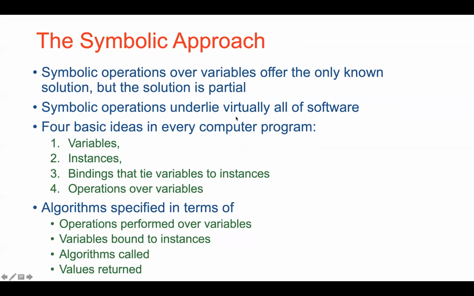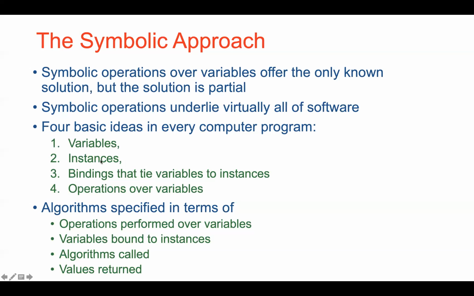The symbolic operations underlie virtually all of software. Well, not a big deal. All of programming is about the symbolic approach. There are four basic ideas in every computer program: variables, instances, bindings that tie variables to instances, and operations over variables. Variables, like bottle; instances, like a blue bottle; bindings tie variables to instances, which variable, which instance; and operations, like you can spill something.